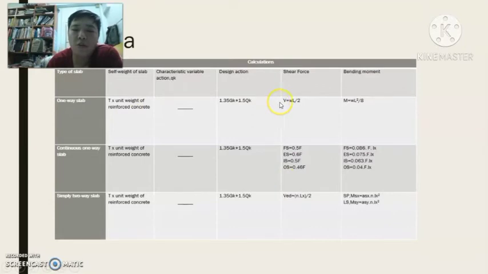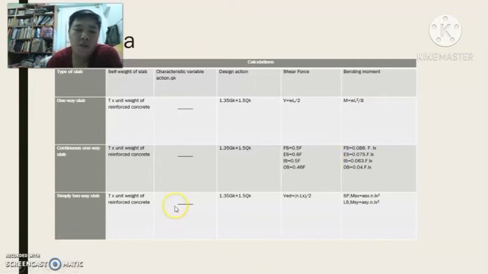One-way slab is quite simple: V equals width times length over 2, and the moment is just integrated, so width times L squared over 8.